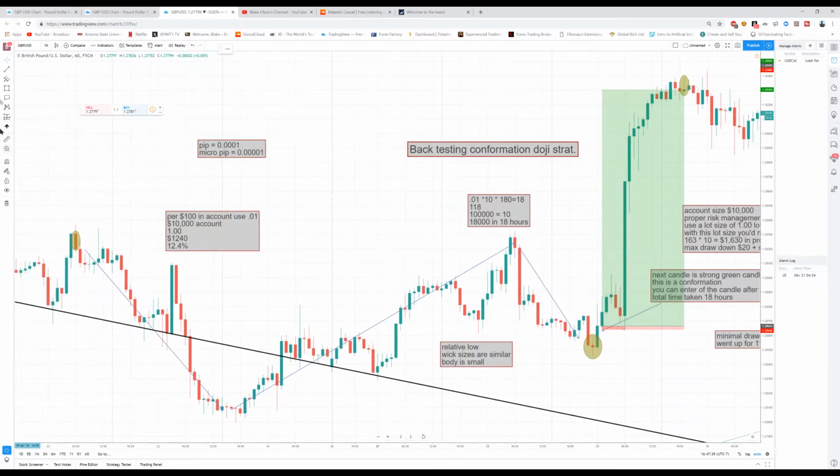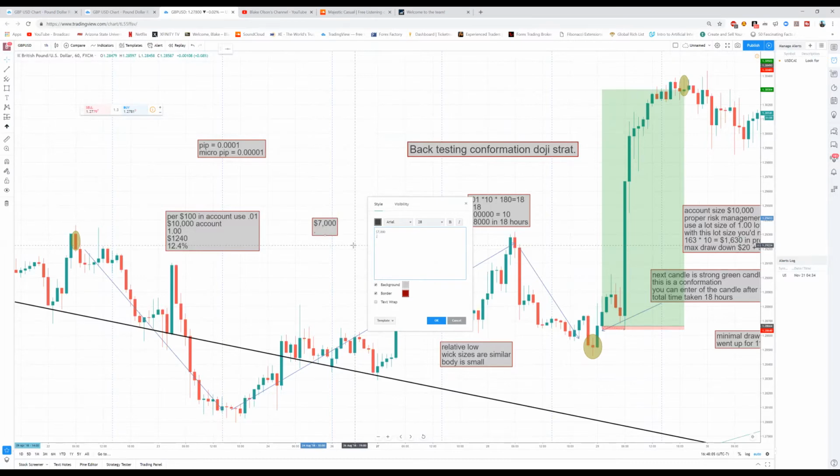So if we have 163 pips, this is just a little bit of math. This is the most important, but in my opinion, maybe the most boring part of trading. But you need to understand this because this is how you calculate how much money you make. So that makes it a little bit more interesting. So again, if you have 7,000 in your account, then you're using a 0.70 for lot size, or 7 mini lots.